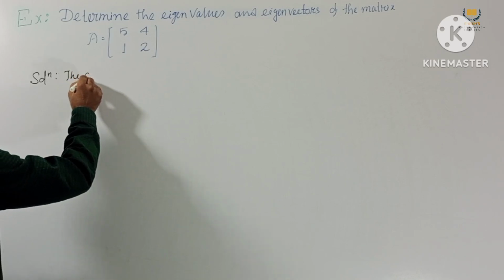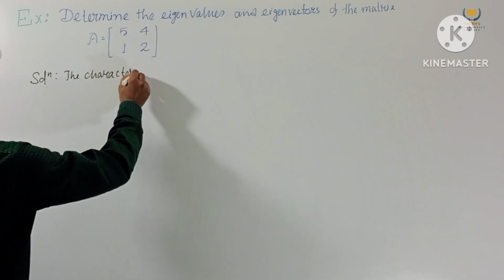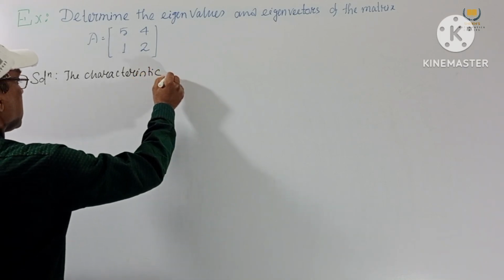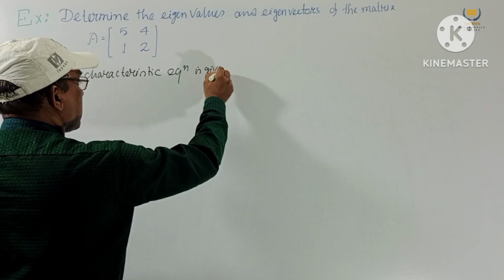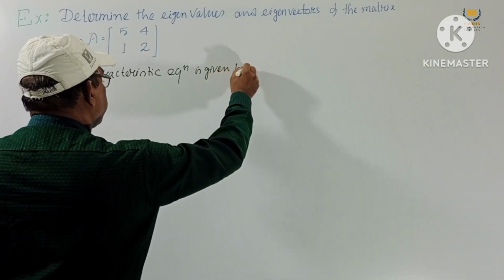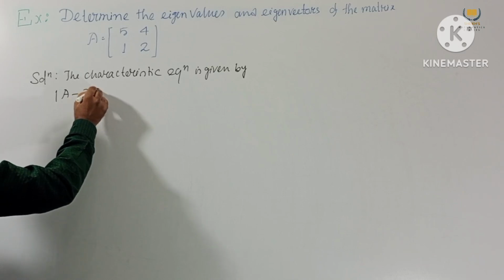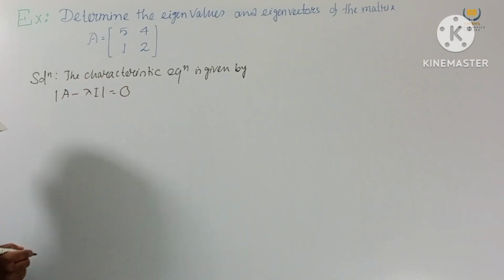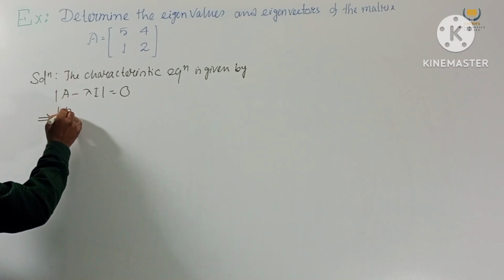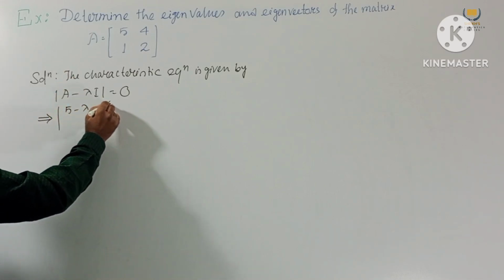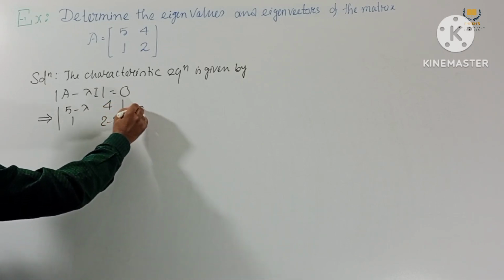The characteristic equation is given by determinant A minus lambda I equal to 0. So determinant A minus lambda I means 5 minus lambda, 4, 1, 2 minus lambda equal to 0.